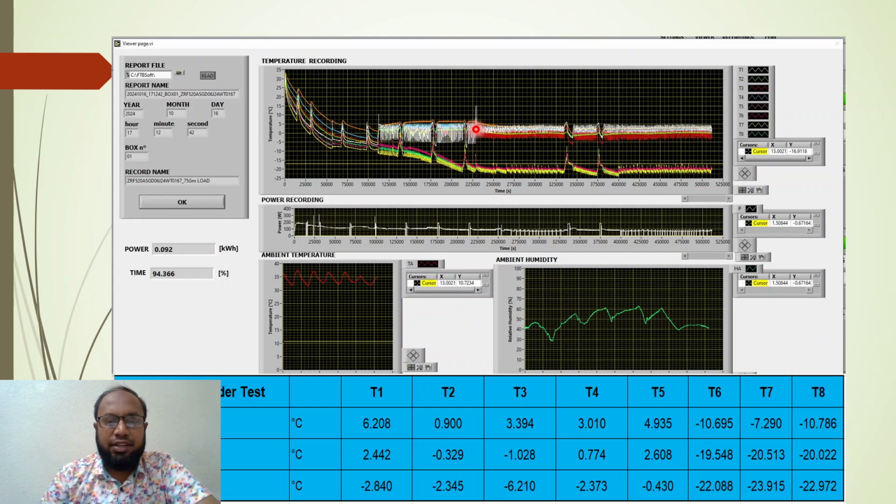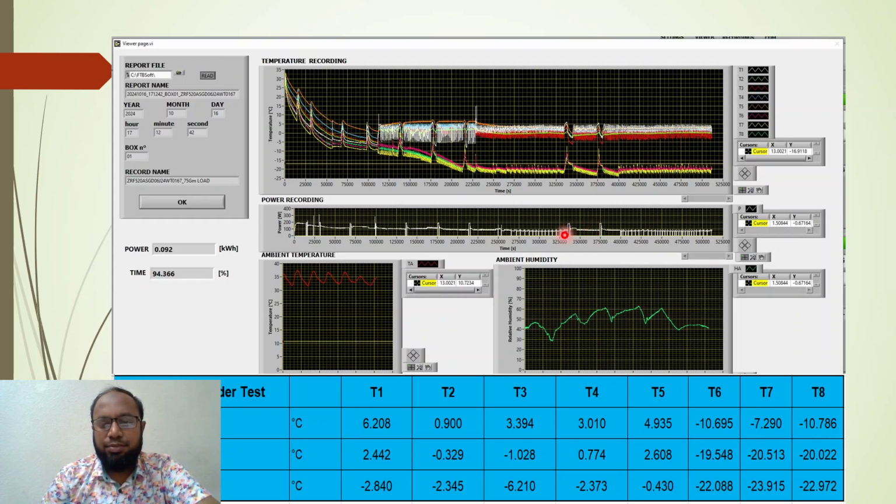After some time, the refrigerator chamber temperature is achieved. When both chamber temperatures are achieved, the refrigerator is cycling, and the compressor sometimes starts, sometimes stops, like that, continuously.